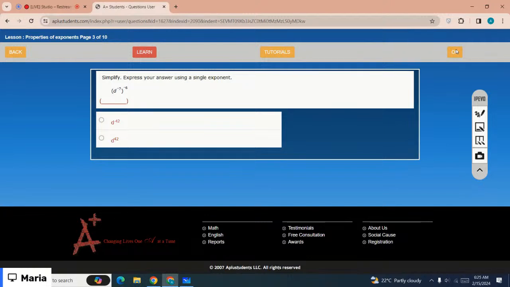The next one is: simplify d exponent negative 7 raised to the exponent negative 6. So which is the correct option?